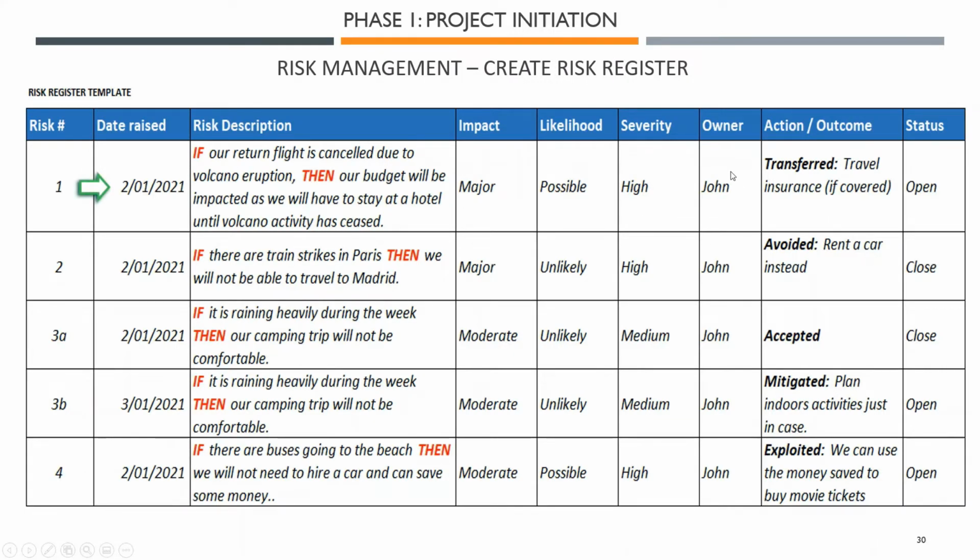We need to allocate an owner for each risk, if it stays open: who will be actively managing the risk, and if the risk occurs, who will address it. So it's very important, if you are the project manager, to avoid having your name here, unless it's really a project management risk. It's not always a project management risk.